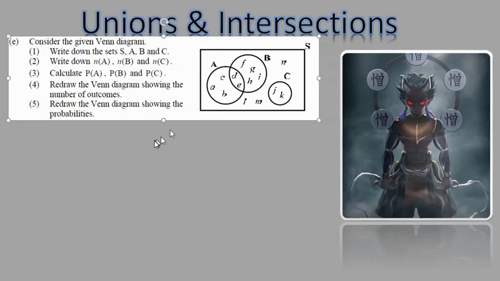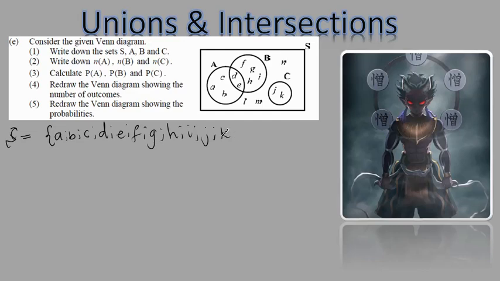In this Venn diagram, we have the following. Let me write it down for you. First of all, we have the sample space. What does the sample space have? Guys, this pen doesn't write properly today. I'm so disappointed. In the sample space, we have A, B, C, D, E, F, G, H, I, J, K. Do we have an L?